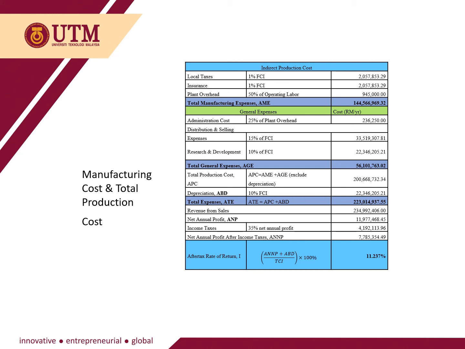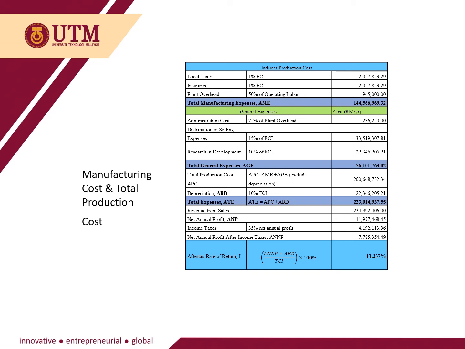Then we have to calculate the total general expenses as well for administration, distribution expenses, and any research and development to improve the plant or the production rate. So the total production cost, APC, is equivalent to the AGE plus AME, excluding depreciation. We calculated depreciation based on 10% of our fixed capital investment, and our total expenses is 223 million.